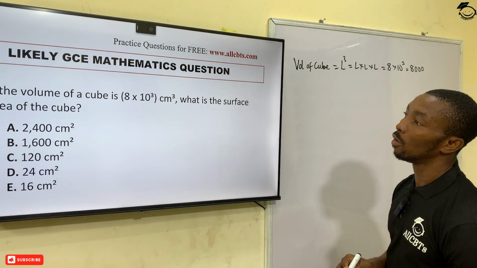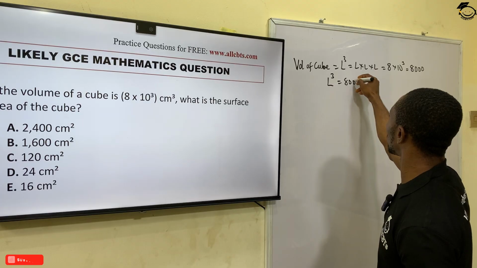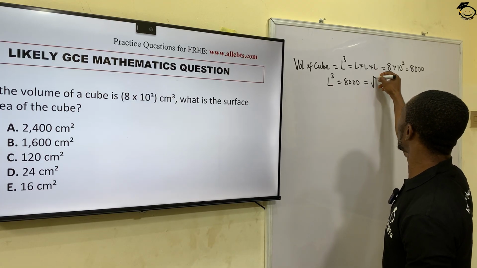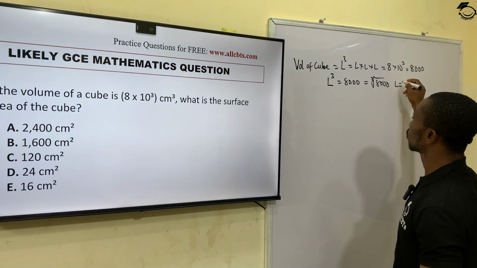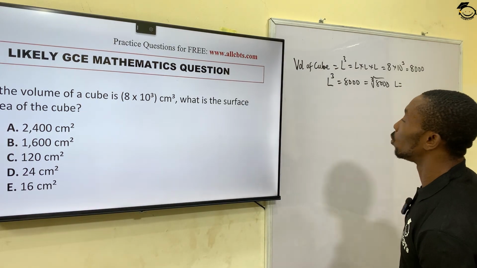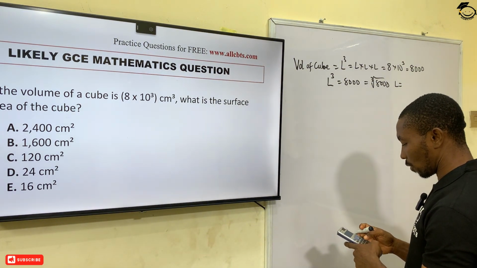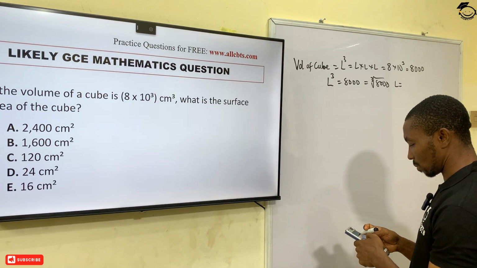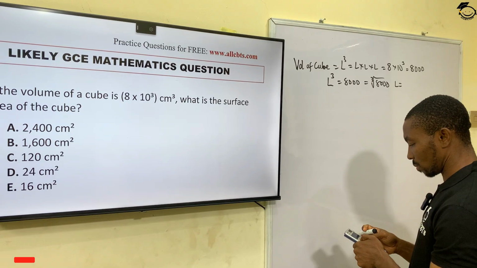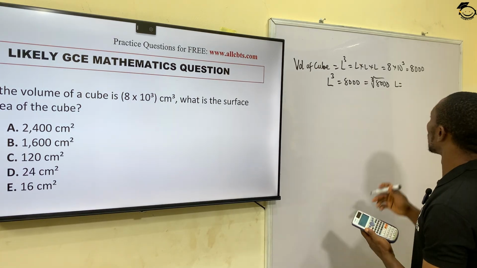Now for us to find L, the length, since L cube equals 8,000, our L will be the cube root of 8,000. The cube root of 8,000 would be 20.